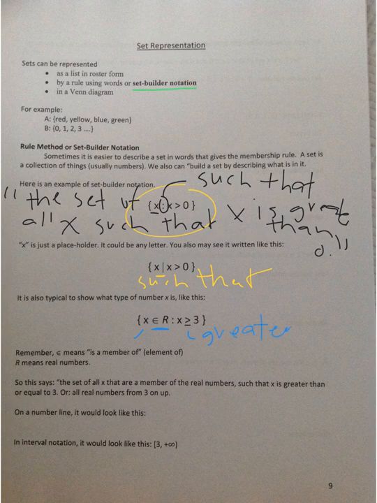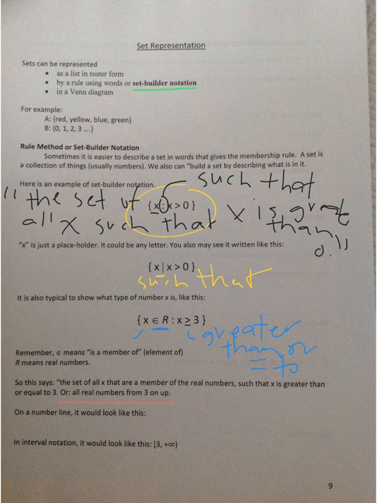Remember that that symbol means is a member of, is an element of, then this R is all real numbers. So this says the set of all x that are a member of the real numbers such that x is greater than or equal to 3. Or basically, all real numbers from 3 on up.